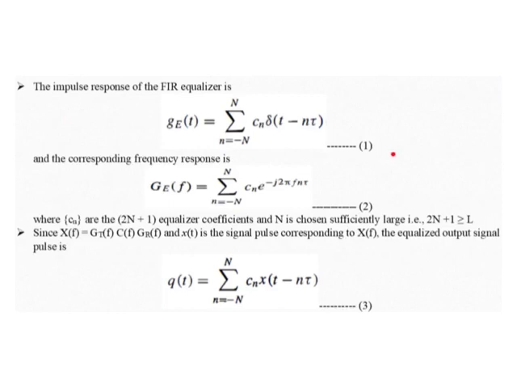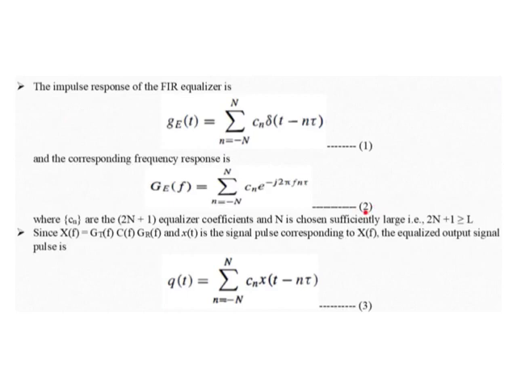This we can take as equation number 1. Correspondingly the frequency response is given by G_E of f is equal to summation n is equal to minus N to N of Cn exponential of minus j2 pi f n tau. This we can take as equation number 2.